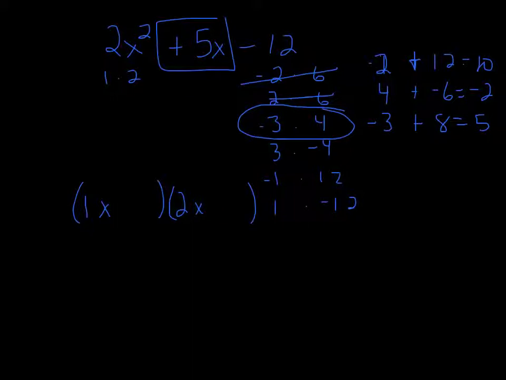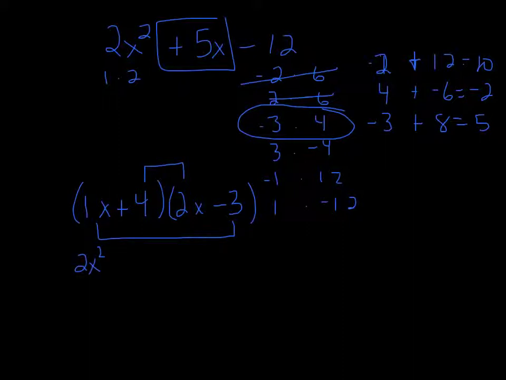Okay. Now in order for that to happen, right, we need that 4 to multiply times the 2. So we want to make sure that that 2 multiplies times the 4. So we're going to give it plus 4 there because 2 and 4 is there. And then we're going to put the minus 3 in the end so that we get the 1 times the negative 3. Okay, and if we multiply this back together now, 1x times 2x is 2x squared.